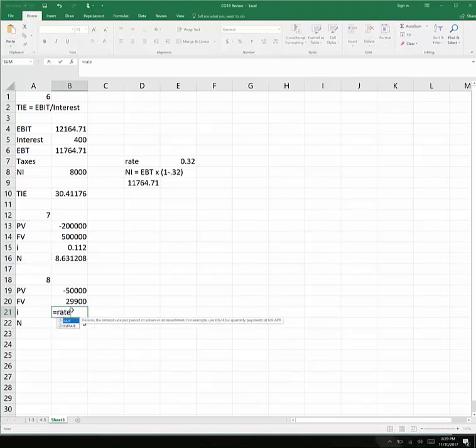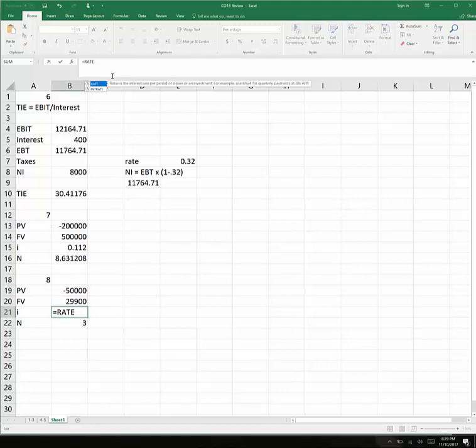So now we're going to use the rate function. The number of periods is 3. The payment is 0. Present value minus 50,000. And the future value is 29.9. And I must have done something wrong here.